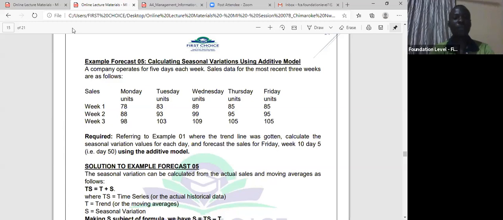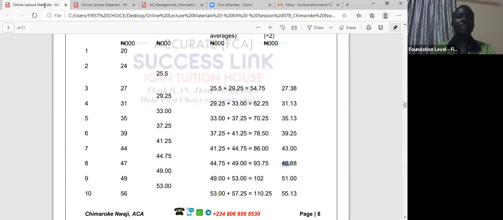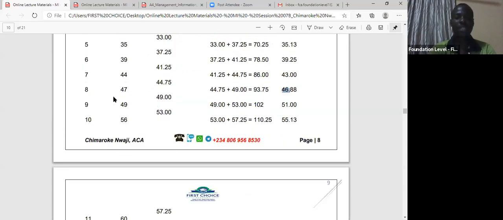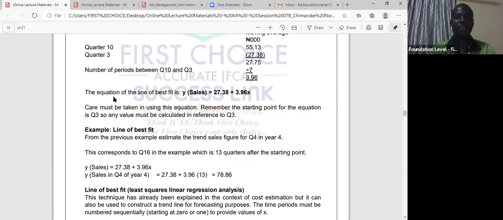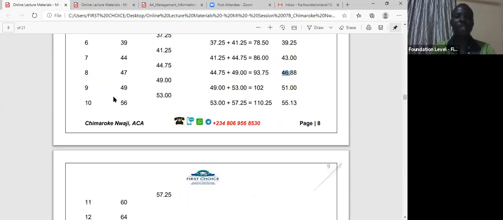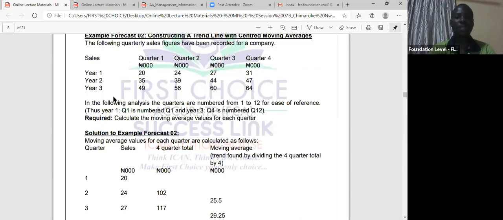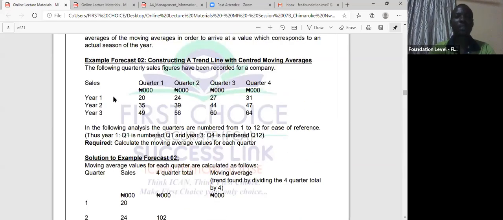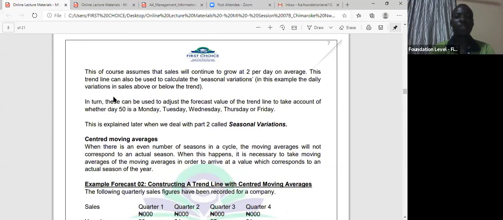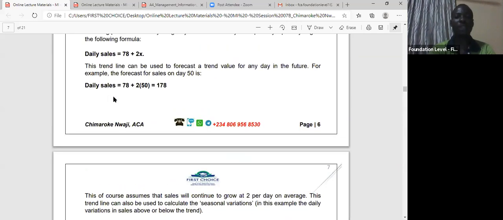That is day 50. If I can remind us of what we did here, in example 1, we only did the moving averages and we used it to forecast for day 50.